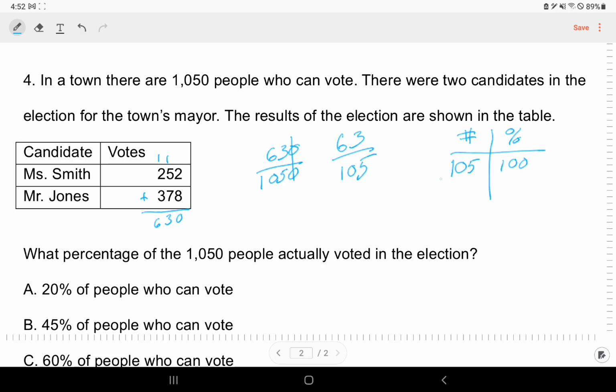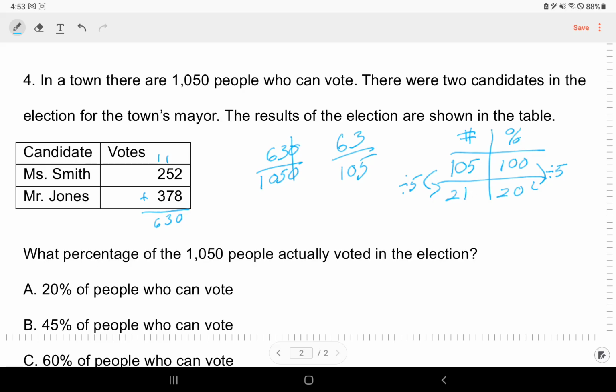So that's around 100%. We want to know what 63 is. So we want to break this down into something that goes into 63. So we divide. Well, we know 5 goes into this. 5 goes into this. So let's divide by 5. 5 goes into there 21 times. 5 goes into here 20 times.